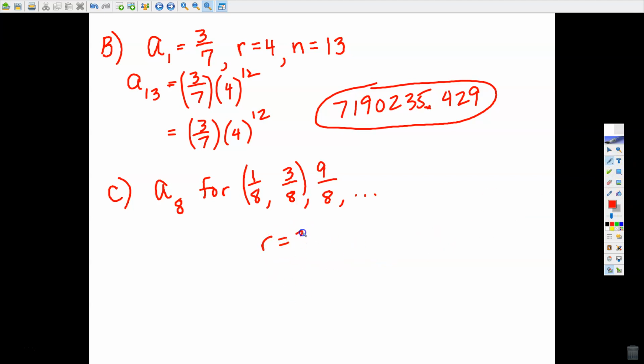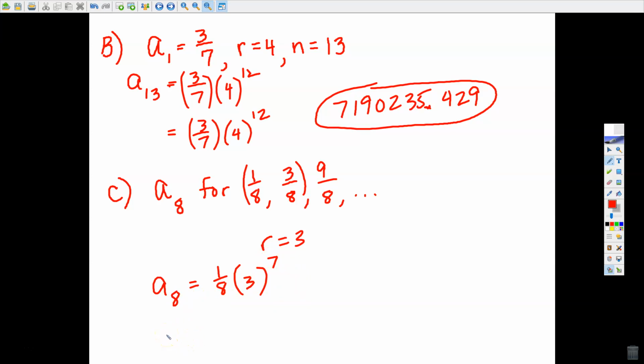So r is 3. We'll find the 8th term, a sub 8, by taking the first term, which is 1/8, multiplying times r, which is 3, and raising r to the 7th power.